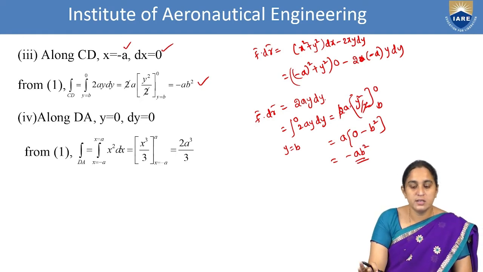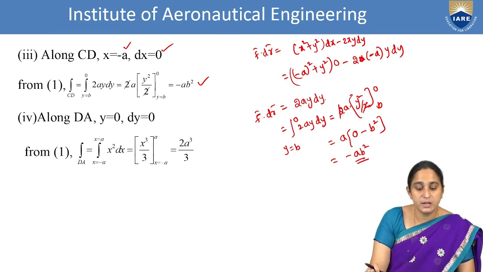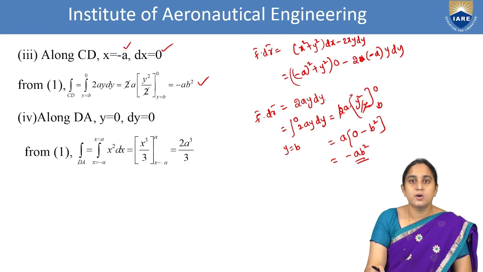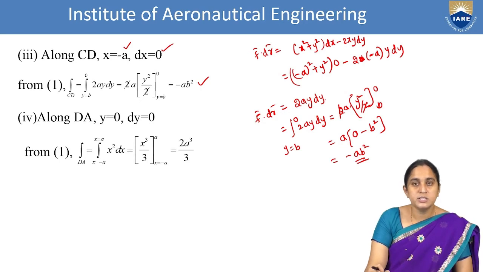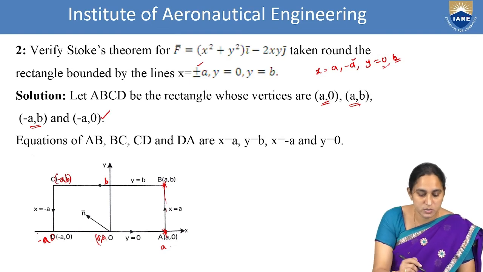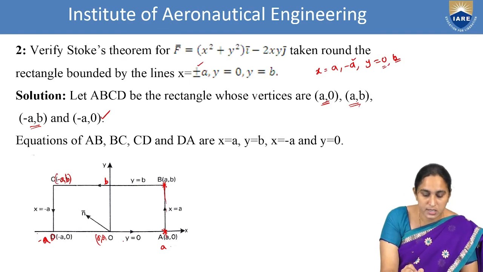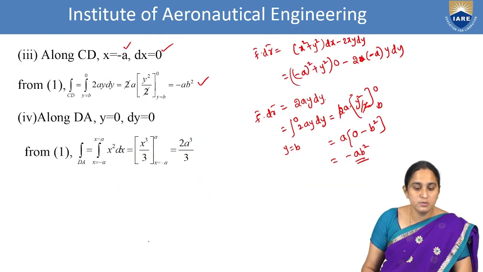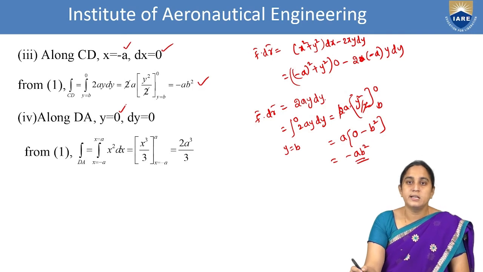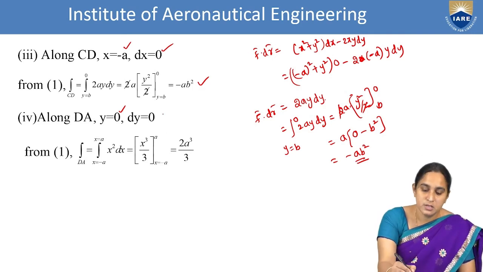Next, 3 lines are completed. Next line, the last line of the rectangle, is along DA. What are the conditions along DA from the diagram? Which one is 0? y is equal to 0, and the derivative dy is equal to 0.